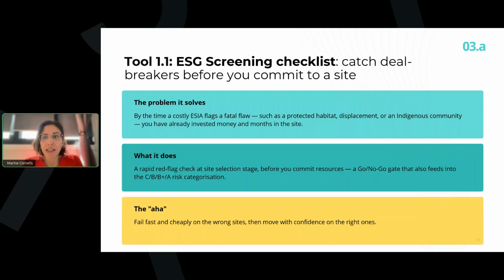But by then, you've already spent months and a lot of money on that site. So this checklist moves that moment to the very beginning. At site selection, before you commit resource or time or money, you run a handful of red flag questions. And 5 of them are already on this slide. Next slide, please.